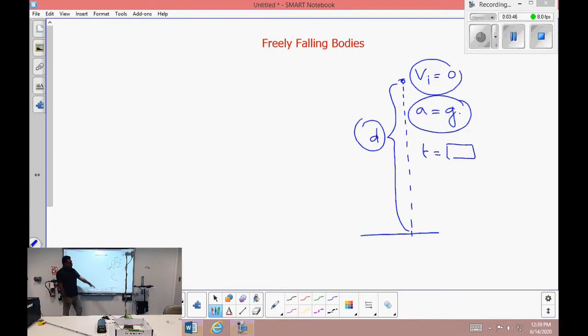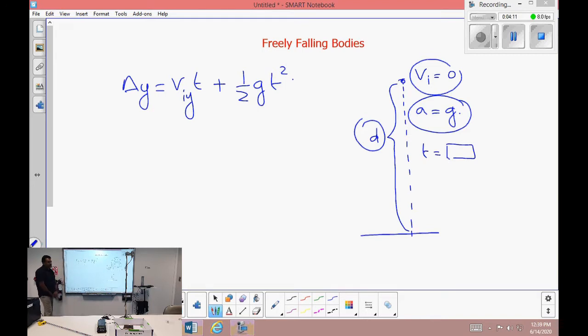Yes, the displacement in the y direction, if I call it delta y, is equal to the initial velocity in the y direction, v initial y, times t, plus half a t square. In this case a is g, so half g t square. Of course, this is a well-known relation and you did it many times.